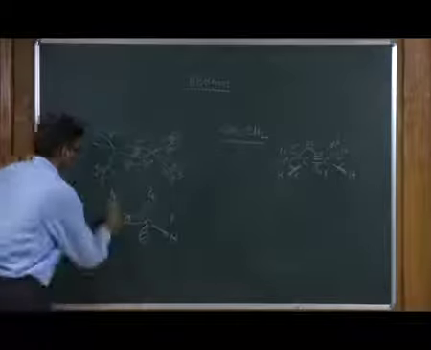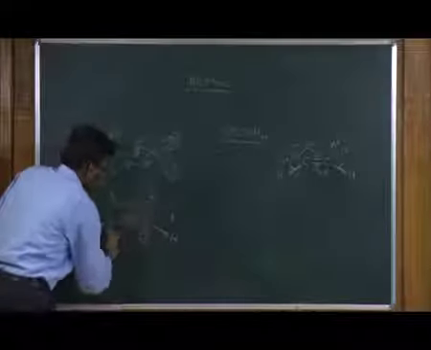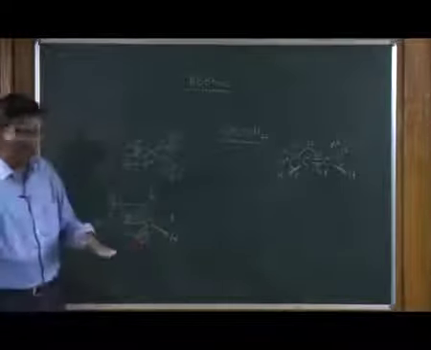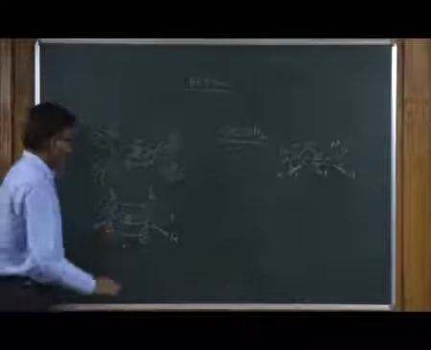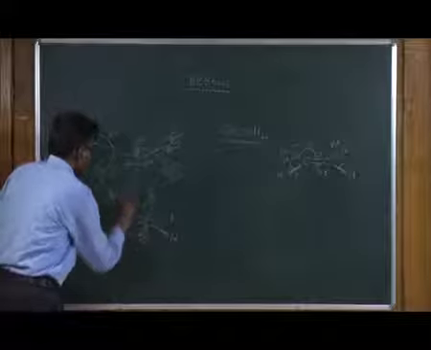These two p orbitals overlap below and above the plane of this sigma bond, and we make the pi bond.